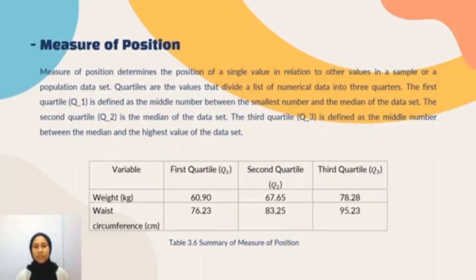Measure of position determines the position of a single value in relation to other values in a sample or a population data set. Quartiles are the values that divide a list of numerical data into 4 quarters.